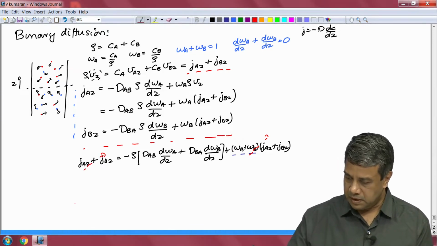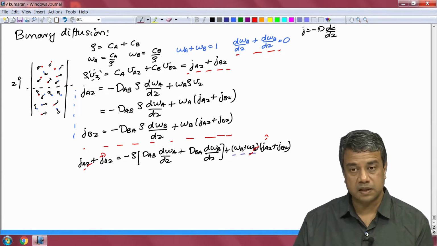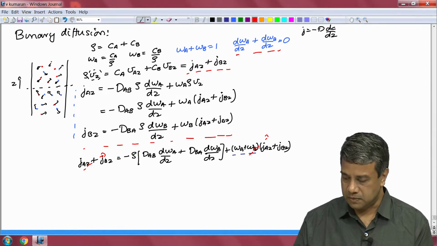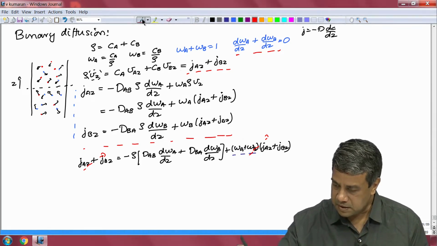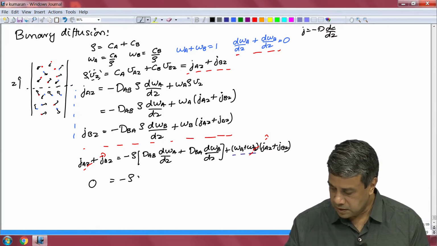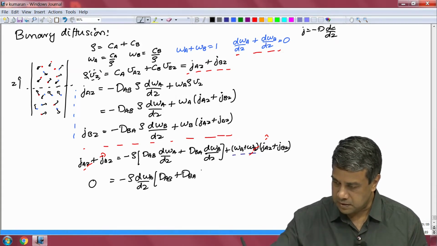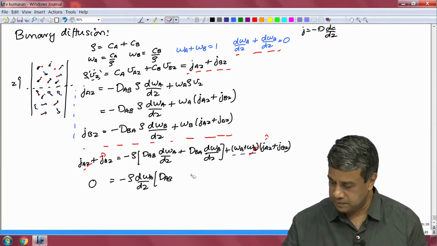And from this relationship, we know that dWA by dz plus dWB by dz is equal to 0. So, I can write this as 0 is equal to minus rho dWA by dz into (DAB minus DBA). I am sorry, there is a negative sign here.